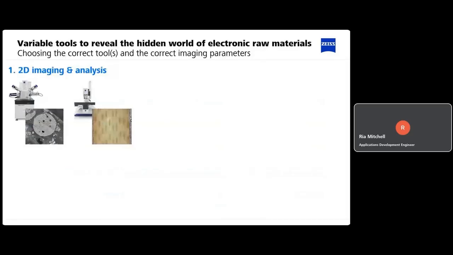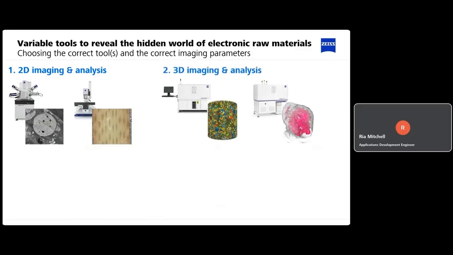So just to summarize then with this introduction, I'm going to focus on three different aspects of how we're able to image and analyze these samples. That includes 2D imaging and analysis from things like scanning electron microscopy and light microscopy. I'm also going to talk about 3D imaging and analysis, so how we are able to use X-rays to image our sample non-destructively and completely in 3D.